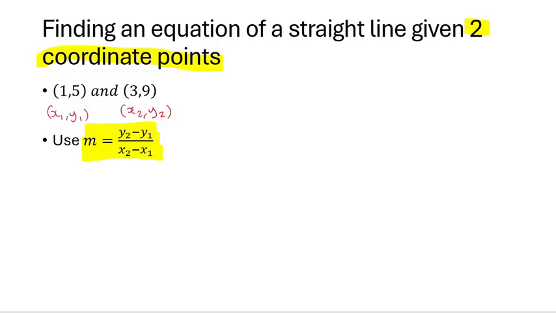Let's just follow the same flow. So let's start out by writing out the formula y equals mx plus c. That's what we want. Now, if we try to find what m is, y2 minus y1, so 9 minus 5, and then 3 minus 1 as x2 minus x1. What I end up getting is 4 over 2, which means it's positive 2.